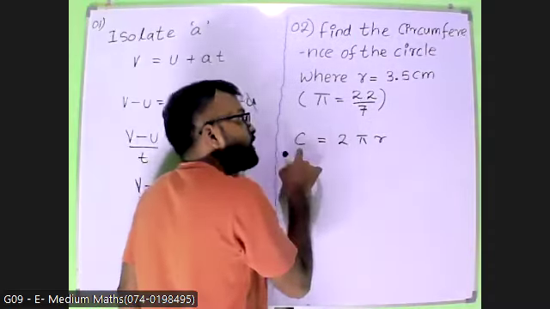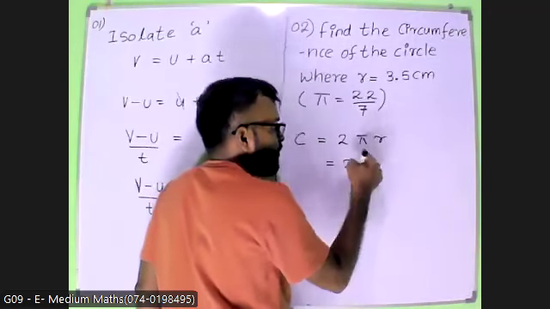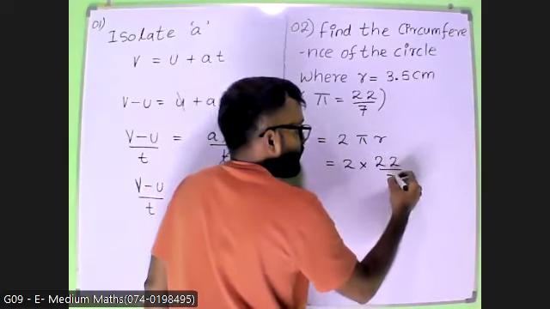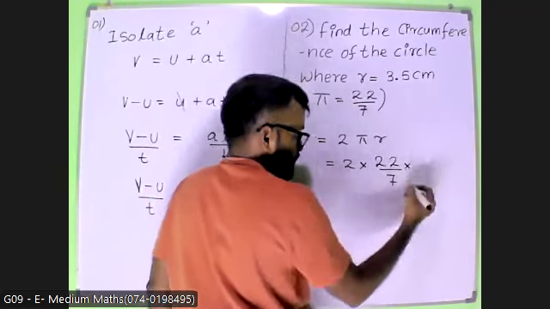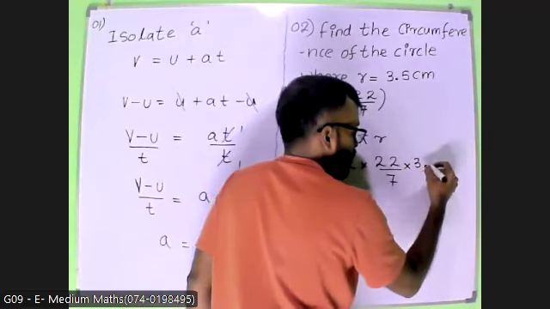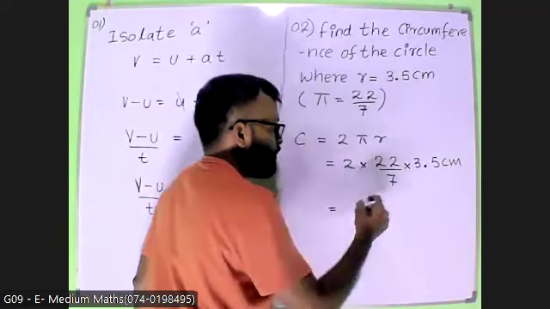C is the circumference. 2 times 22 upon 7 times r, 3.5 centimeters. Now let's simplify.